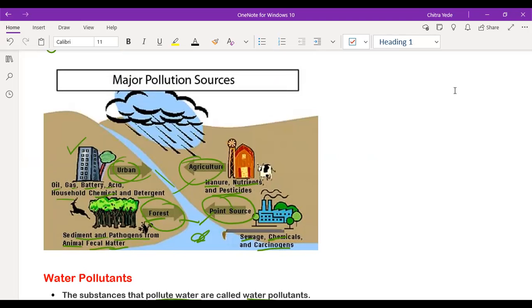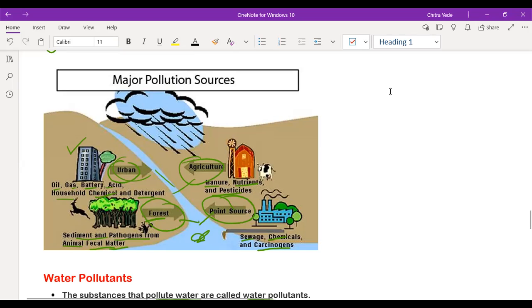They must have their own treatment plant so that they can make the contaminated water less toxic, and then release it into the water bodies. So the water will not get polluted, aquatic life will not be affected drastically, and potable water will increase so that there is no scarcity of water.